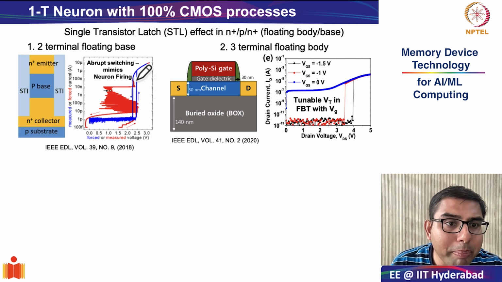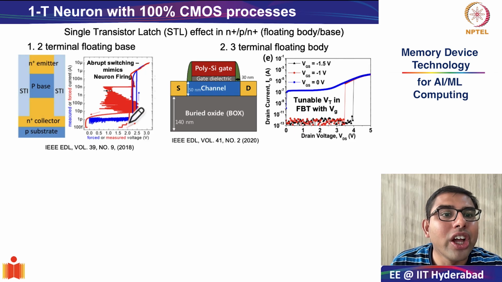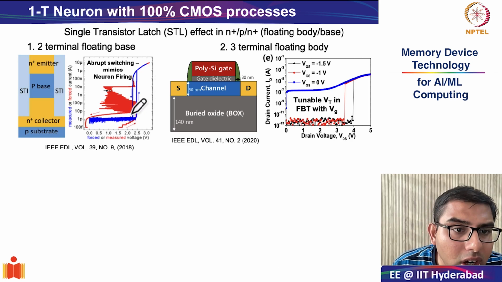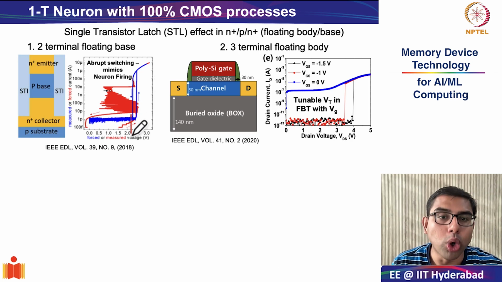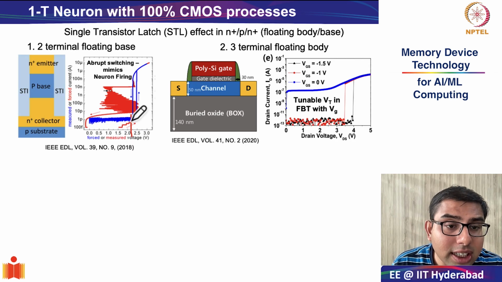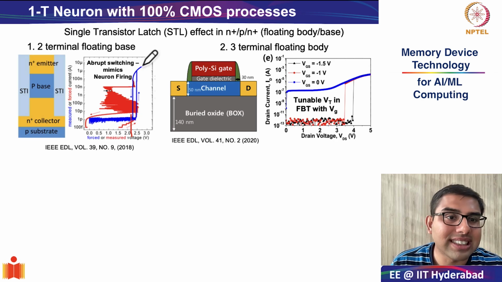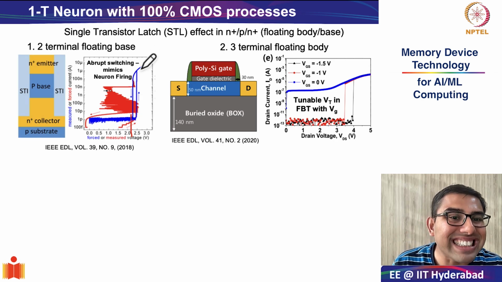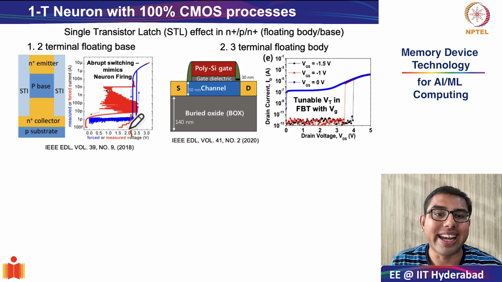Once you start pulling back the voltage in the opposite direction, you see the low resistance state equally abruptly switches back to the high resistance state at another voltage, which is called the hold voltage. So as you can see, this abrupt switching at the threshold voltage, which takes it from the high resistance state to the low resistance state, is what mimics the firing, whereas the automatic reset happens in the opposite direction.